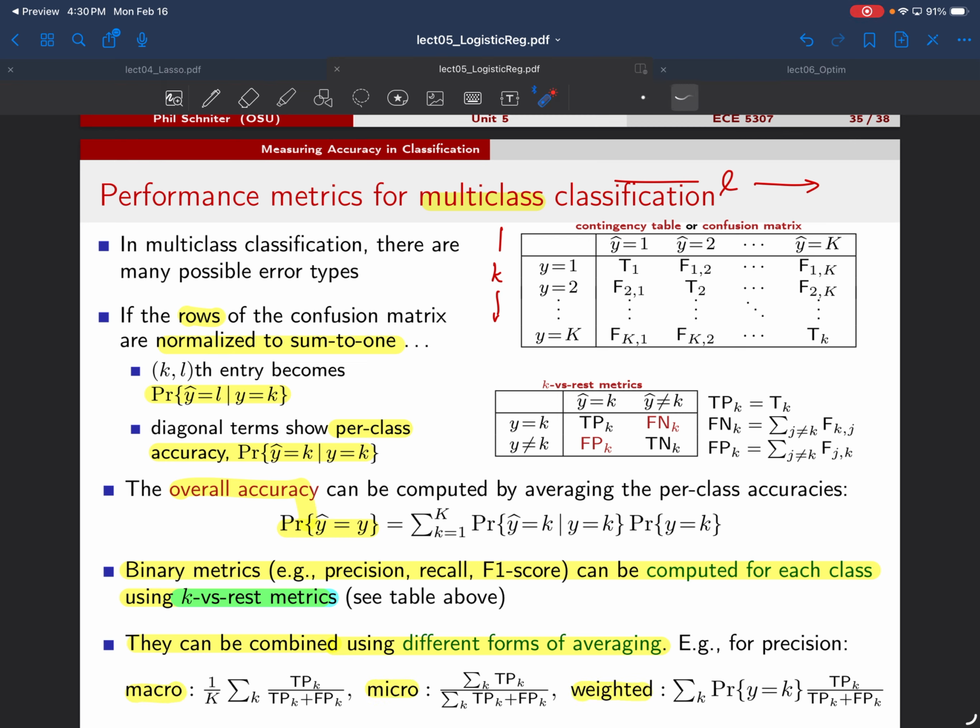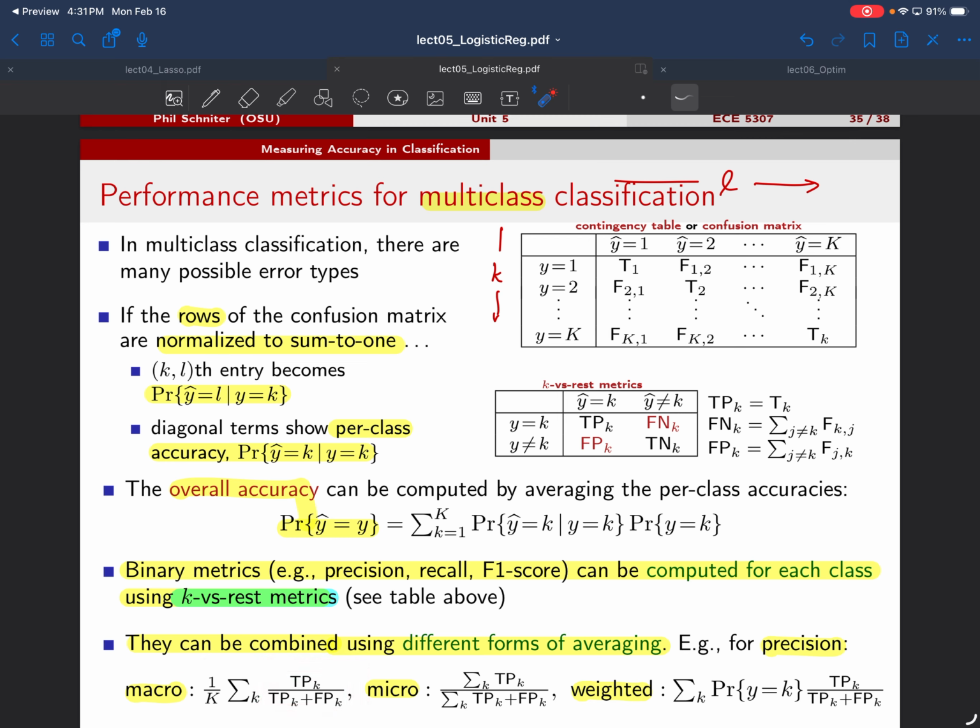So let's take a look at macro. These TPs are the true positives for this k versus rest. You take these numbers in here, and this is just an example for precision, you just average the 1 versus rest precisions without any weights.